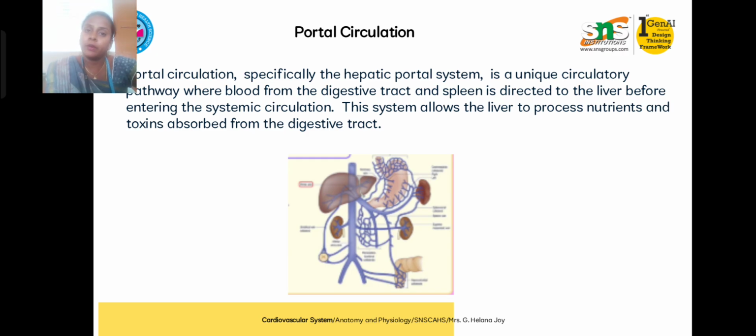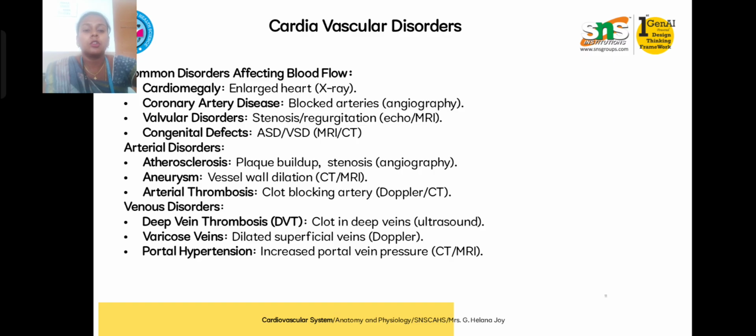It is a unique pathway where blood from the digestive tract and spleen is directed to the liver before entering the systemic circulation. This system helps the liver process the nutrients and toxins absorbed from the food eaten by the person.